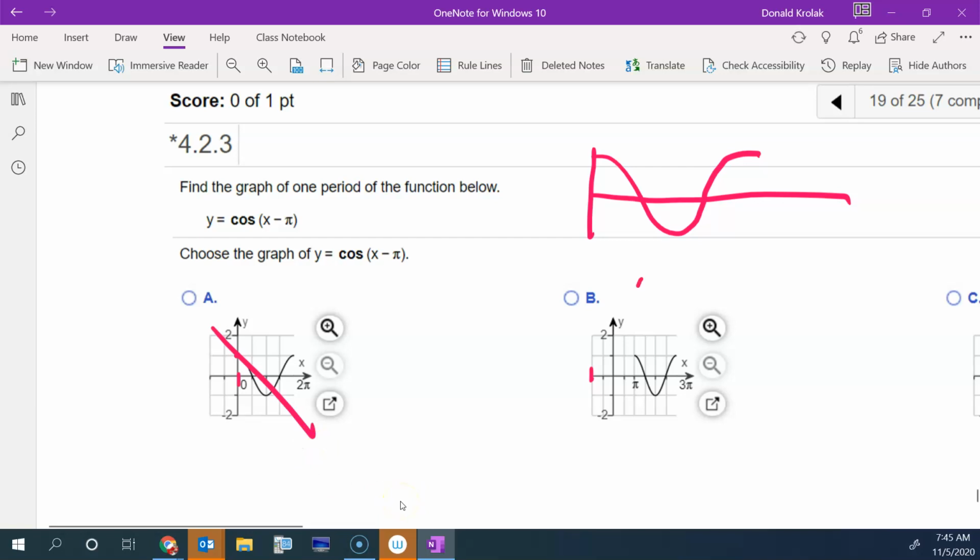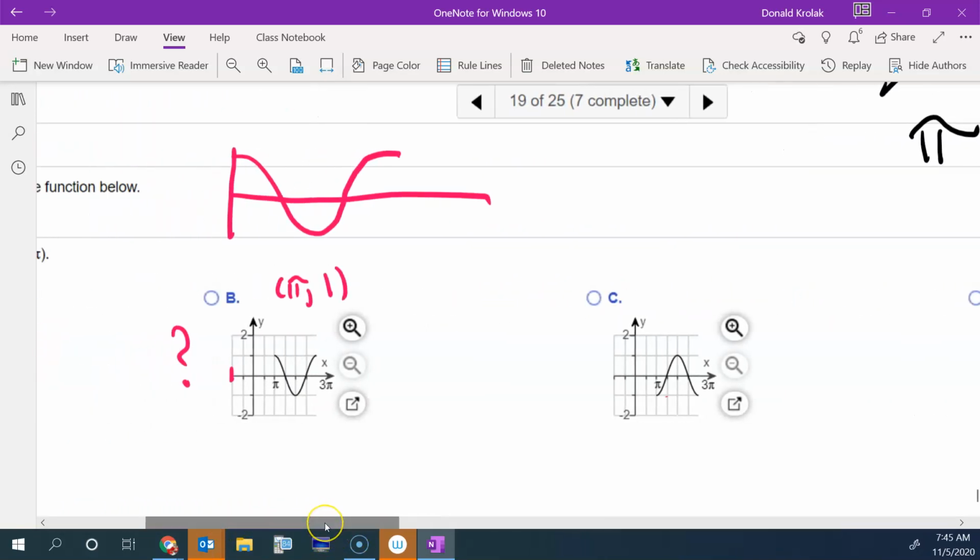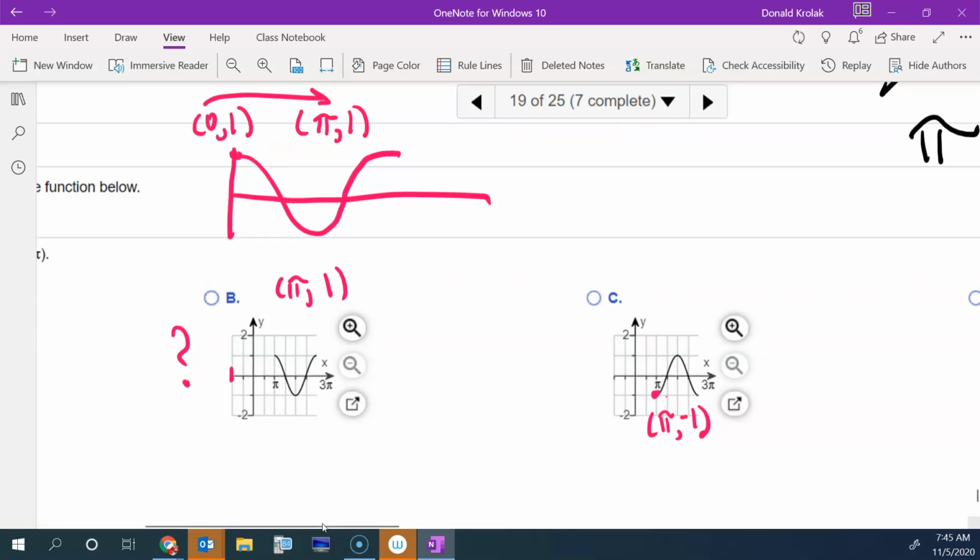Yep, this one starts at pi, 1. So that's a possibility. Okay, let's go on to the next one. That one starts at pi, negative 1. See, this starts at 0, 1, and now it's going to slide to pi, 1. So this can't be a solution because it's at negative 1. Okay, now let's look at D.